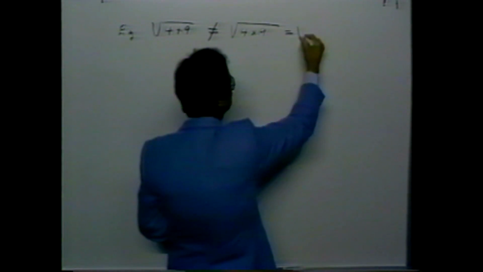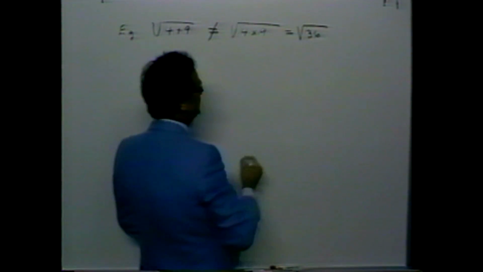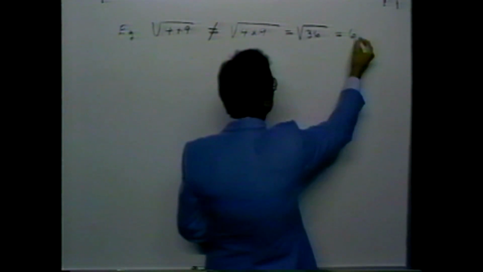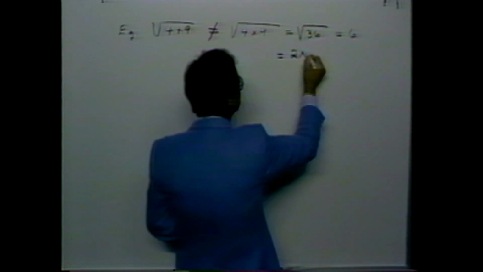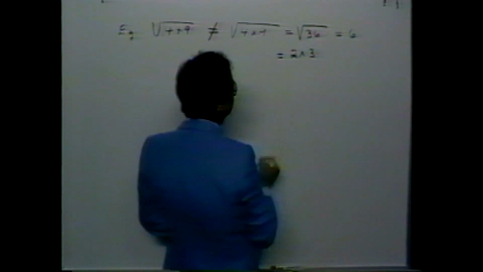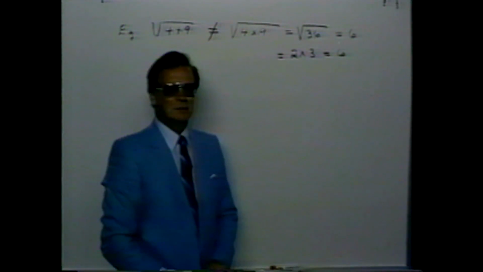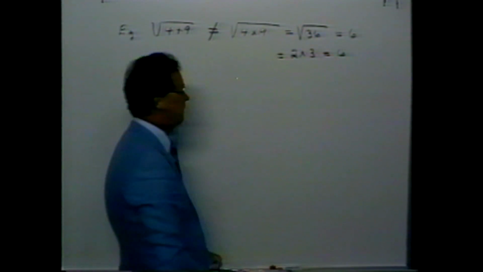Square root of 4 times 9 is equal to the square root of 36. Now we know that the square root of 36 is equal to 6. Square root of 4 is 2 multiplied by the square root of 9, which is 3. That gives you the same answer. But on the other hand, the square root of 4 plus 9 is not 2 plus 3, as many might think.